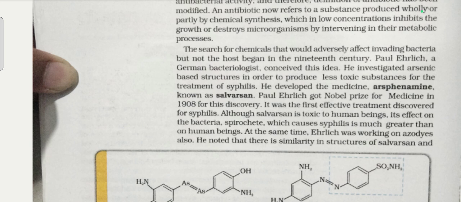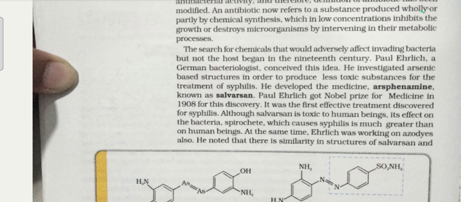He developed the medicine arsphenamine, known as salvarsan. Paul Ehrlich got the Nobel Prize for Medicine in 1908 for this discovery. It was the first effective treatment discovered for syphilis.